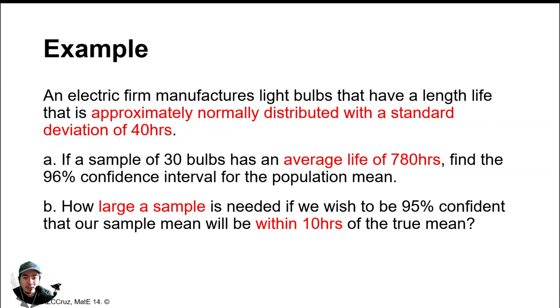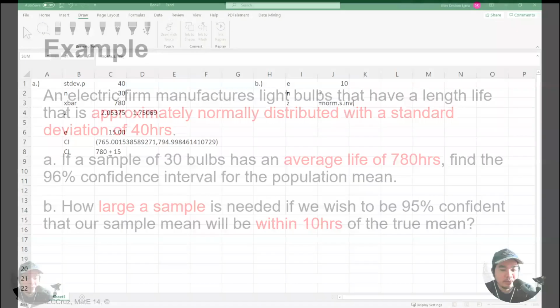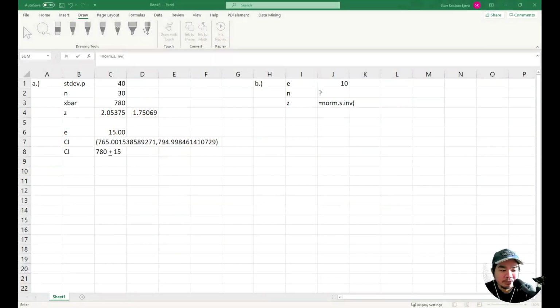Tapos, Z natin is equal to norm.s.inv, and we are doing 95%. Sorry, sir, hindi pala ako naka-share sa Excel. Thank you guys for reminding me.